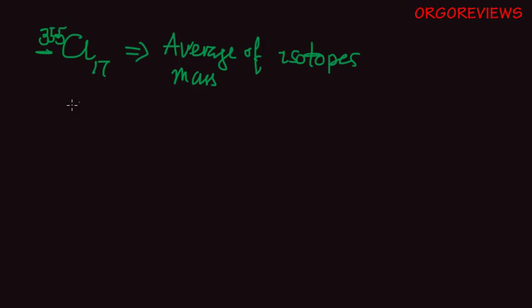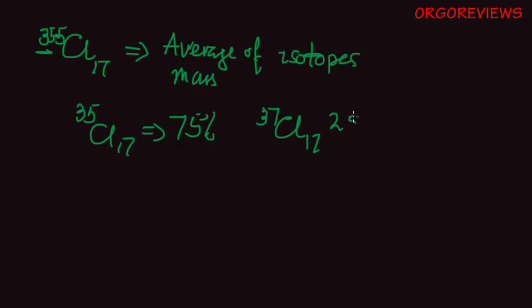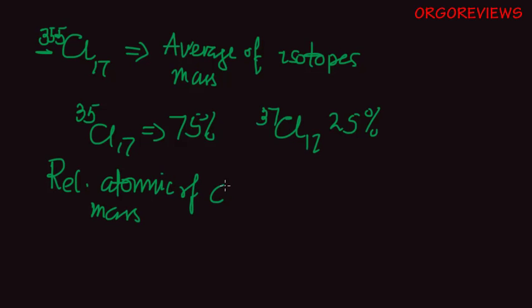So for instance, we know that chlorine 35 is present in about 75% in nature, and chlorine 37 is present in up to 25% in nature. So if you wanted to calculate the relative atomic mass of chlorine, then you have to take into consideration all the different percentages of abundance. So let's see how that goes.